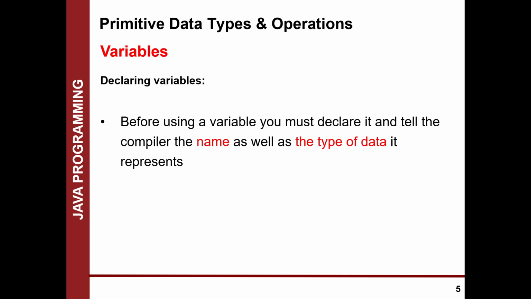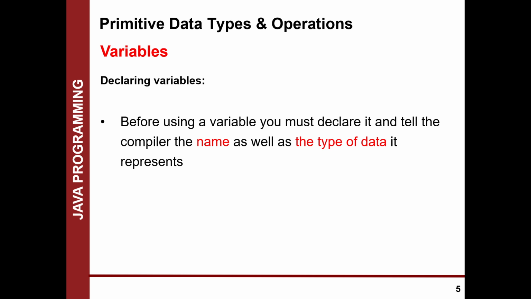Before you use a variable, you must first declare it. Declaring means you are telling the computer to leave a memory space for you. You also have to give an identifier, which is the name that will be given to that memory space, and also the data type of the data or the raw values that will be stored in that variable.